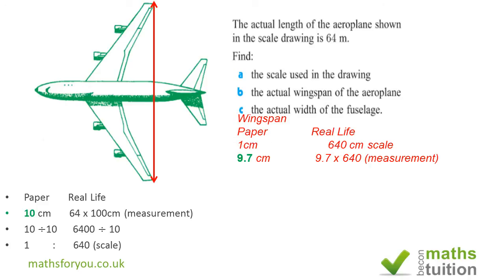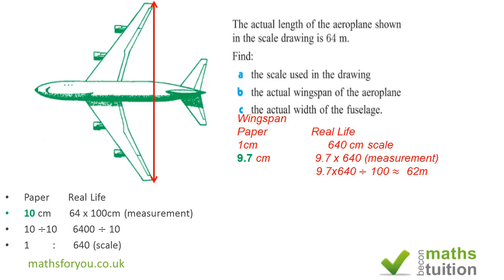Now we need to change that to meters. So we divide by 100, and I got 62 meters approximately. I hope that makes sense. Now please pause the video and go back and have a think and do it again.